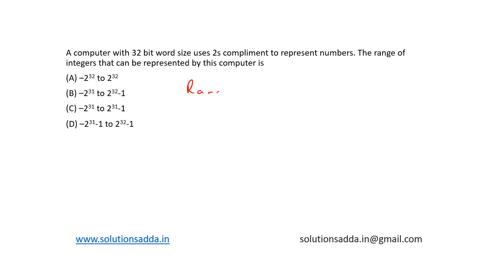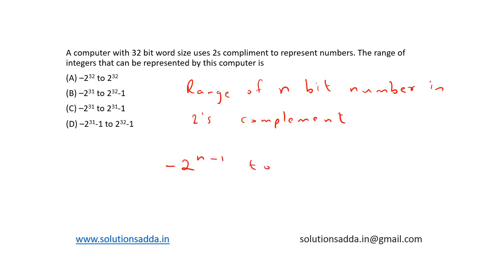Range of an n-bit number in 2's complement is equal to minus 2 to the power n minus 1 to 2 to the power n minus 1, minus 1.